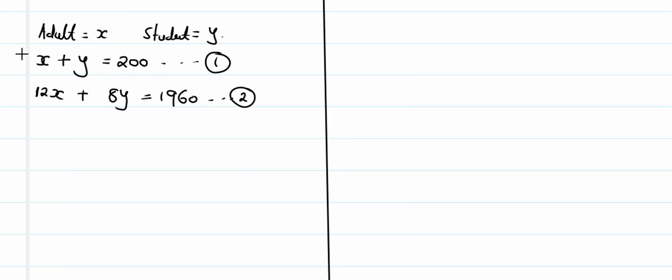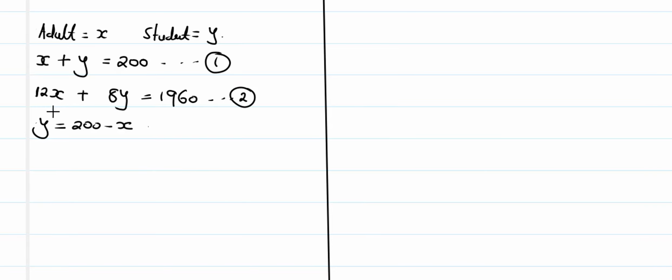And I can just decide to use substitution. If you don't know how to use substitution in solving equations like this, you can review my previous lessons. You'll see one of them taught how to use substitution. So in this case, I can say Y is equal to 200 minus X, just taking it to the other side.